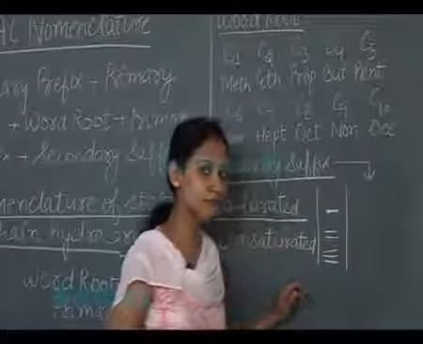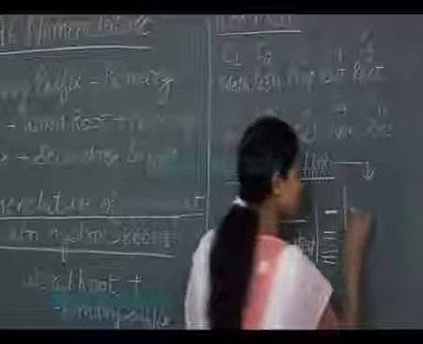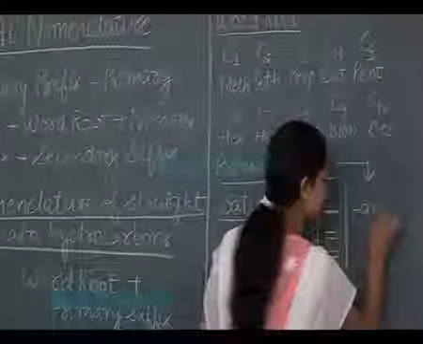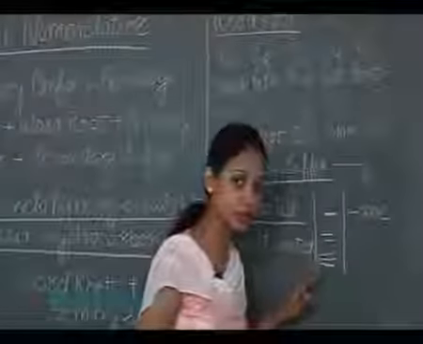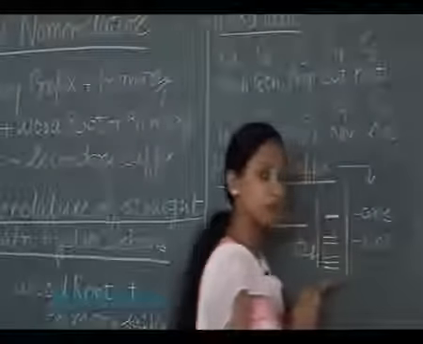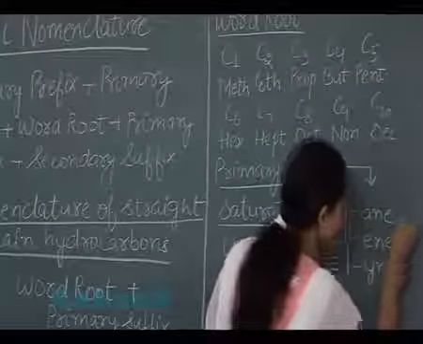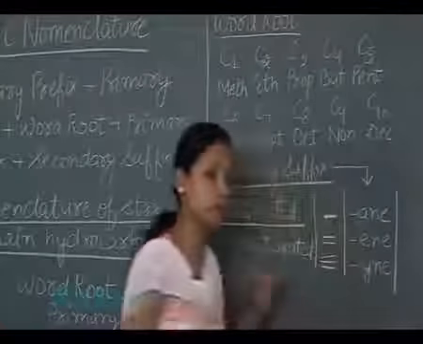When all the bonds are single bonds, the primary suffix is "-ane". When double bond is present, the primary suffix is "-ene". And when triple bond is present, the primary suffix is "-yne". So this was about the primary suffix.